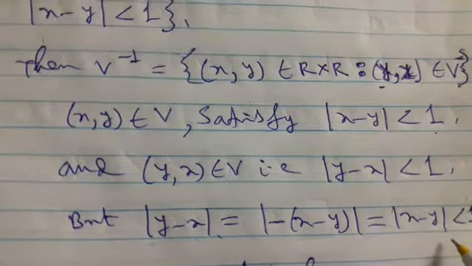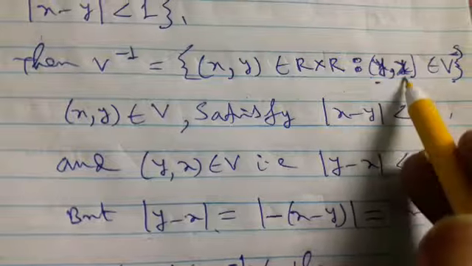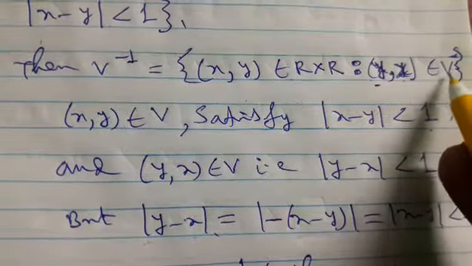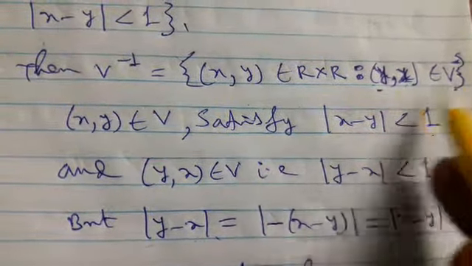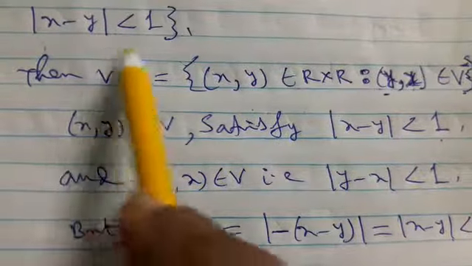That is to say, if (y, x) belongs to V, that implies (x, y) belongs to V inverse.